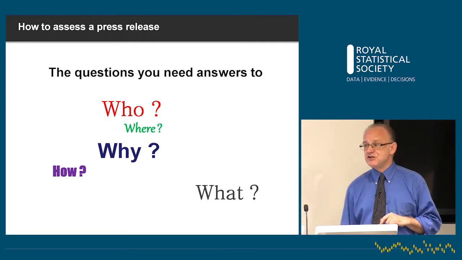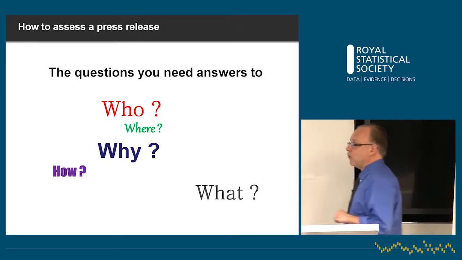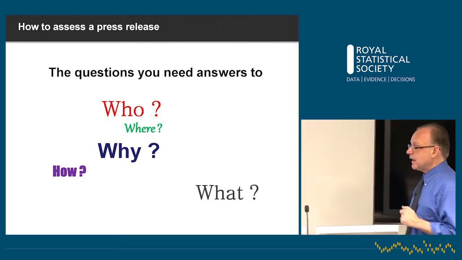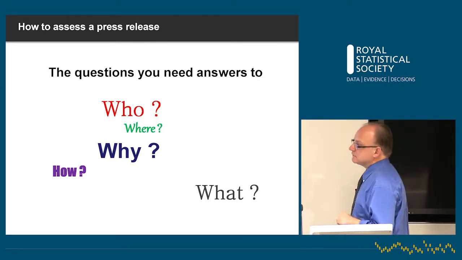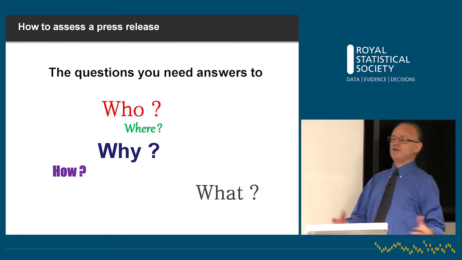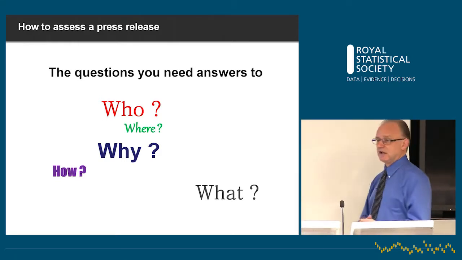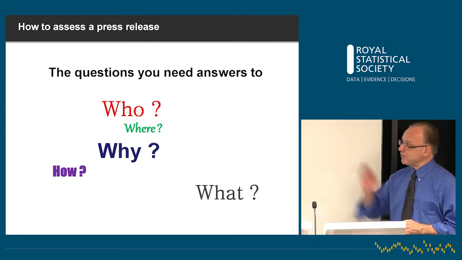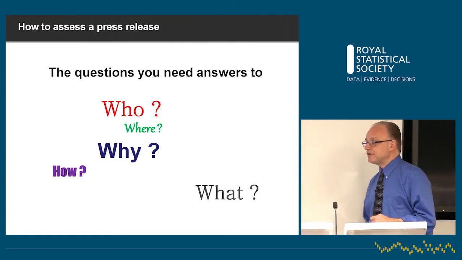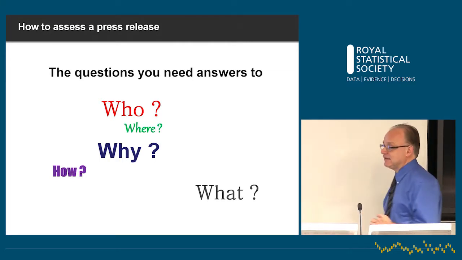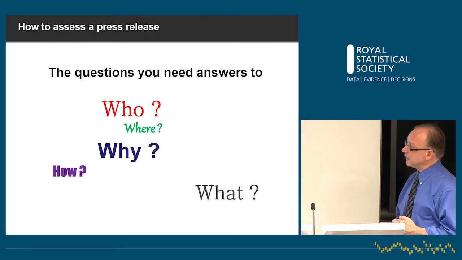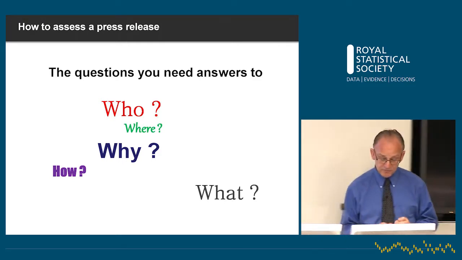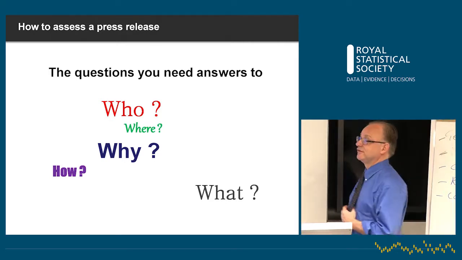Those are the questions every journalist applies in some form or other to everything that passes through their brain. And I want you to think, well, what does it mean, who? Well, isn't it obvious? It's the name of the researcher. Yeah, I know who that is. I want you to interpret those in terms of deciding how compelling a case you think is made by this press release for what's being said. Okay, so I'm going to give you 5 minutes and then I'm going to be asking questions, as they say.